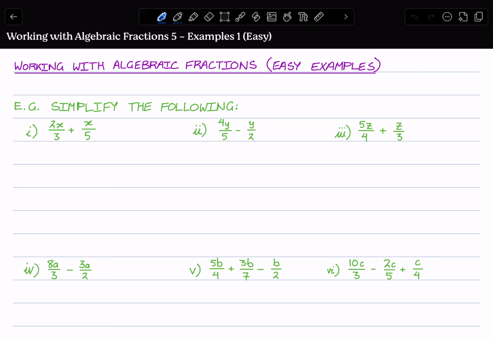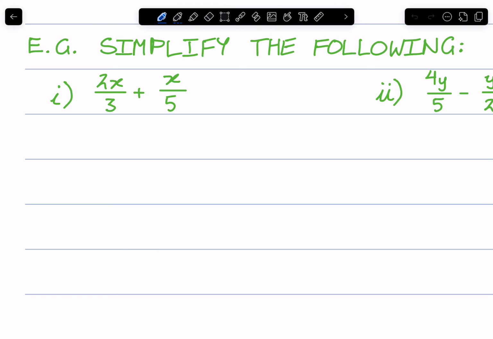So here we go. Now, as we've seen in previous examples, the primary thing we need to look at, just as we did with fractions, when we add or subtract fractions, which is what we're doing here, is that the denominators must be the same. So we need to find the lowest common multiple between 3 and 5.